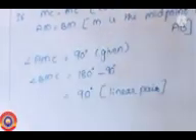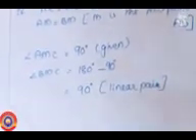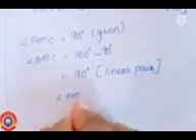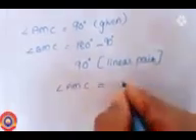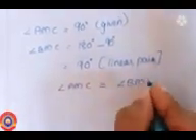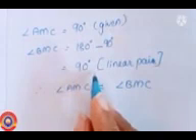So we can say that angle AMC is equal to angle BMC. Both are 90 degrees each.